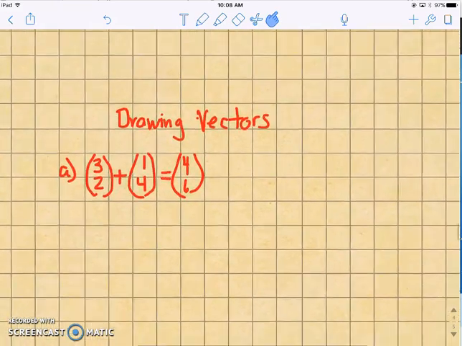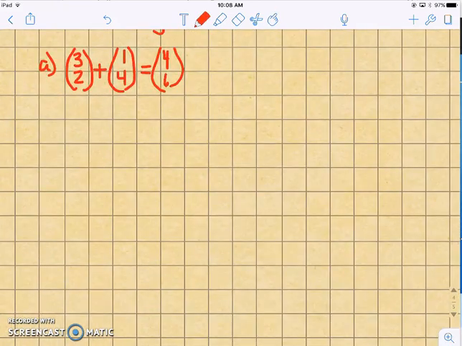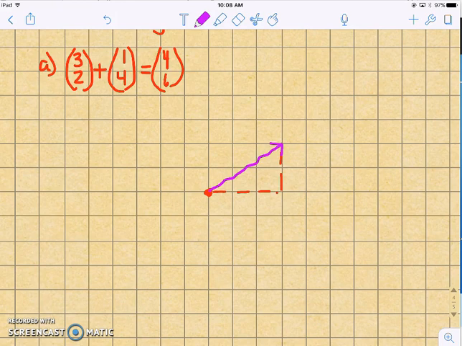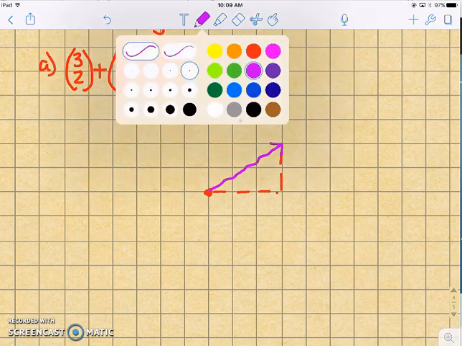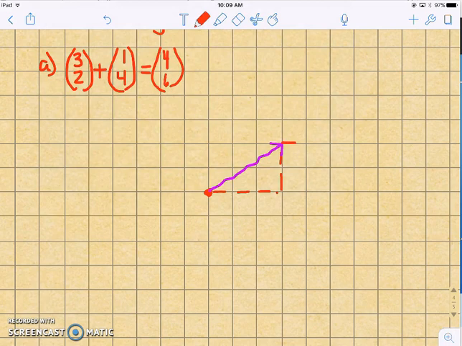So let's see. Let's say we were to start maybe here. So (3, 2). We know this vector, we go over 3 and up 2. So here's that first vector. We're adding (1, 4). So we go over 1, 1, 2, 3, 4.